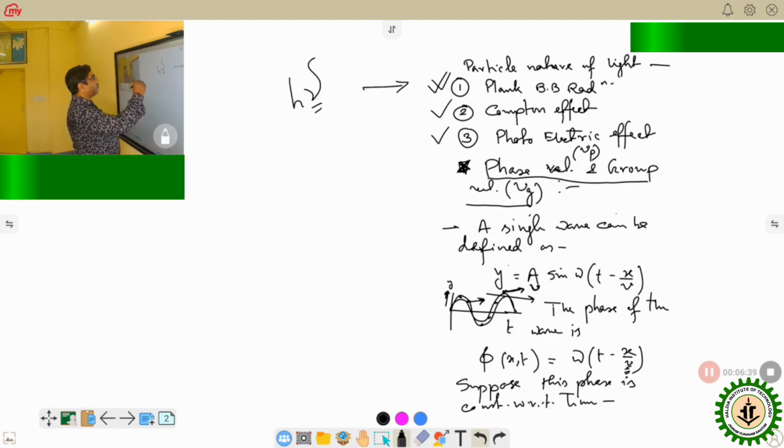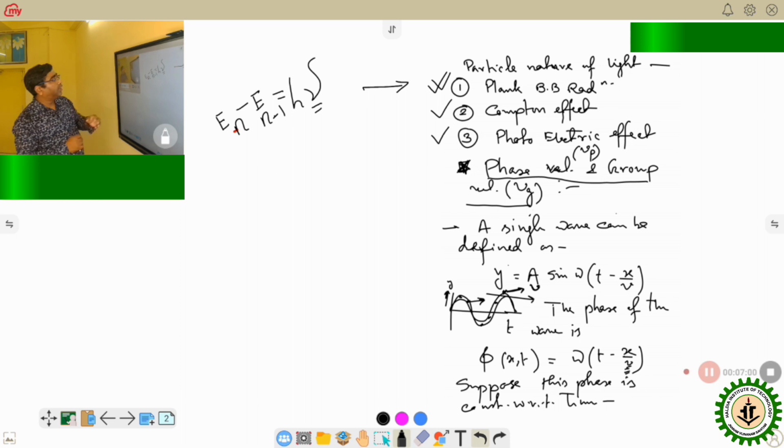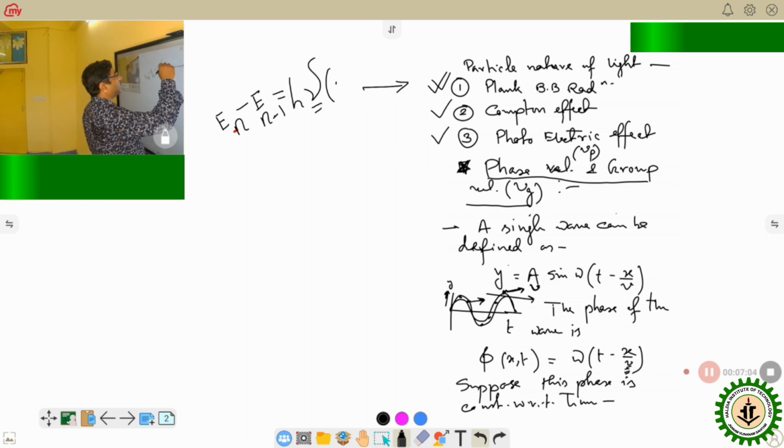That is, when any atom or oscillator emits, coming from any level n to a lower level n minus 1, then only we can expect such an amount of energy multiplied with a certain integer depending on the level of emission.